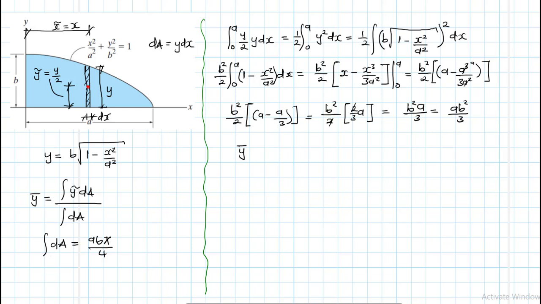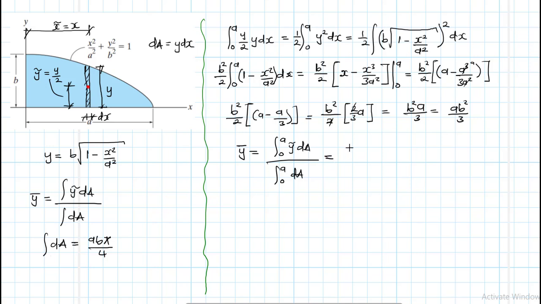We can say y bar is therefore equal to the integral of y cubed dA divided by the integral from 0 to a of dA.